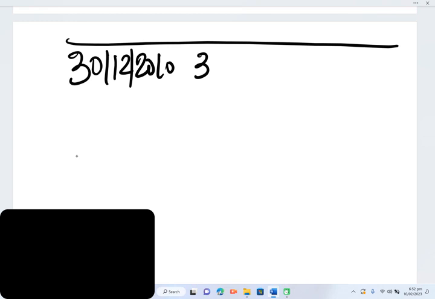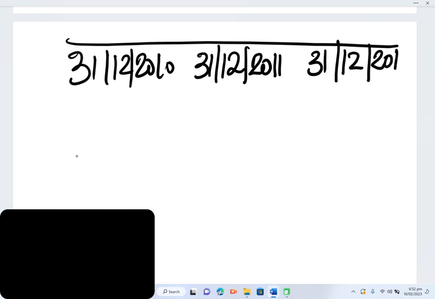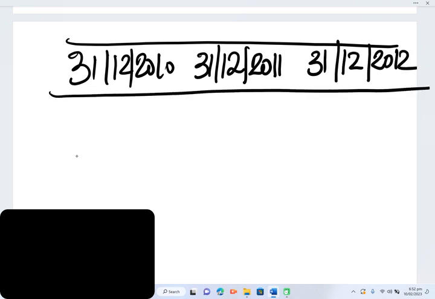Kwa hiyo utapewa table hii inasema 31 December 2010, 31 December 2011, 31 December 2012. Kwa hiyo hizo ndio years.